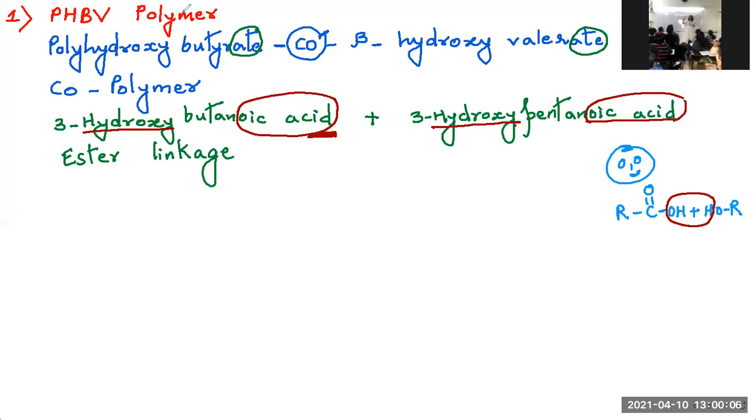Now I'm making the polymer, okay? Be attentive. 3-hydroxybutanoic acid, 1, 2, 3. Plus 3-hydroxypentanoic acid, 1, 2, 3, 4, 5. See what is being smart and what is being not smart. Writing like this is not smart.